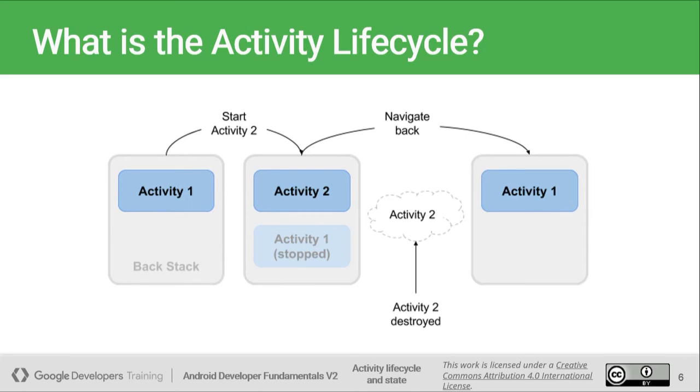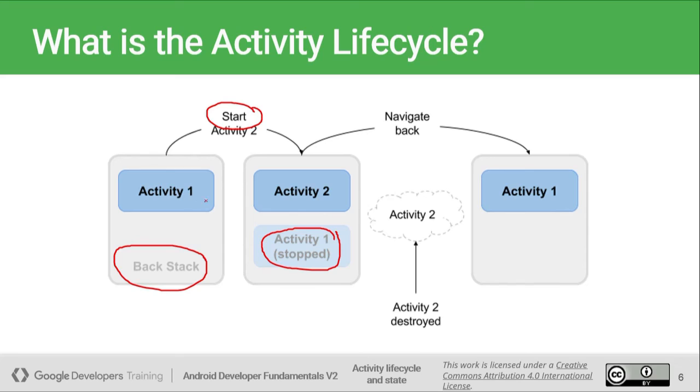So let's illustrate the previous concept with the help of a diagram. This is activity number 1, this is activity number 2, and this is activity number 3. As you can see, this is a back stack. We will save activity states on the back stack. This is activity number 1. It will call activity 2, which is in the start state. Then activity 1 is stopped because we are currently in activity 2, not in activity 1.